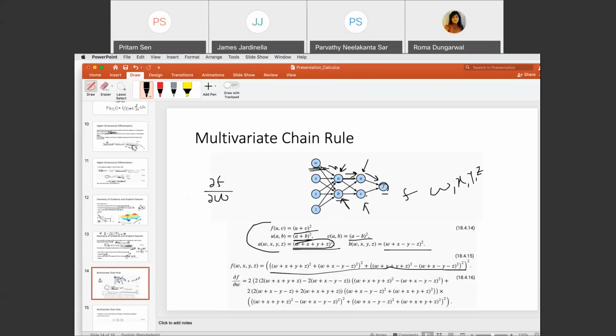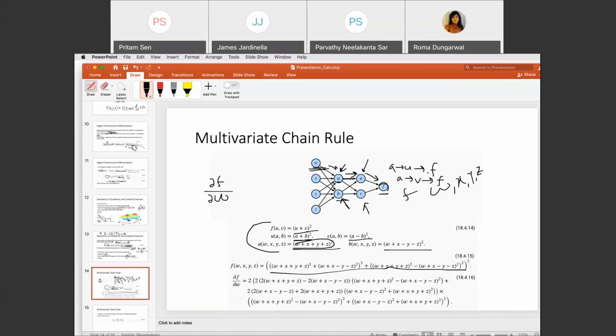For example, we want to make some change in a and see the resulting change in f. There are actually two paths. If I change a, it will impact f in two paths: a to u to f is one path, and a to b to f is the other.